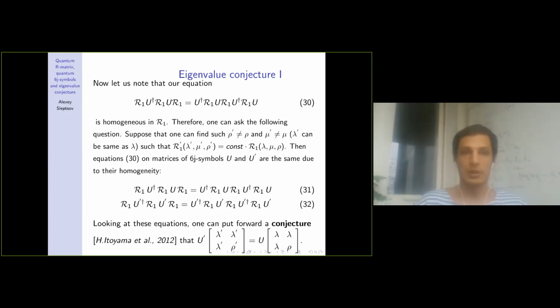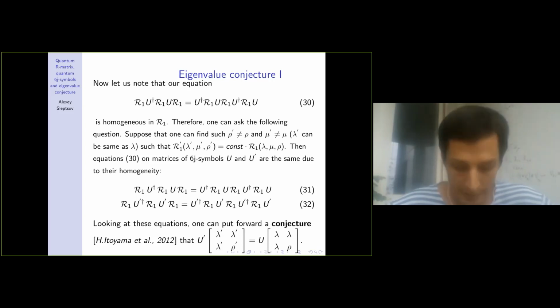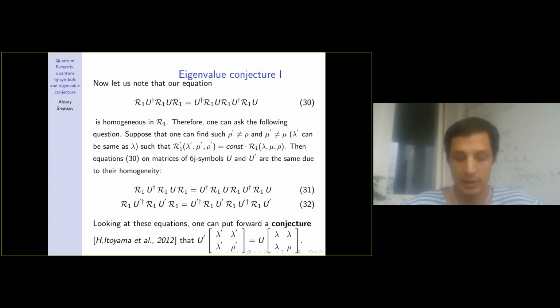Well, definitely it is a rather bold conjecture, because equation 30 is a nonlinear matrix equation, and no one promised a priori that it would have a single solution. Moreover, it has a lot of solutions, generally speaking. However, we are only interested in those of them that correspond to rotations of bases in the space of multiplicities of representations of the quantum algebra SLN.